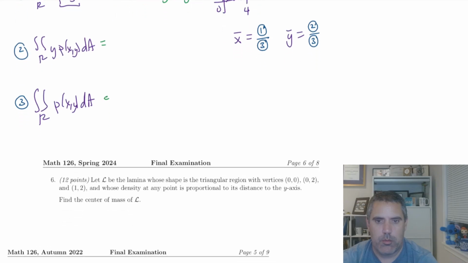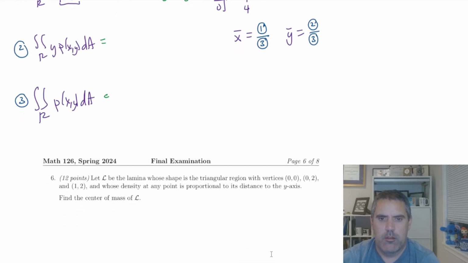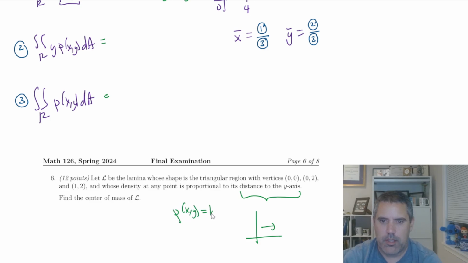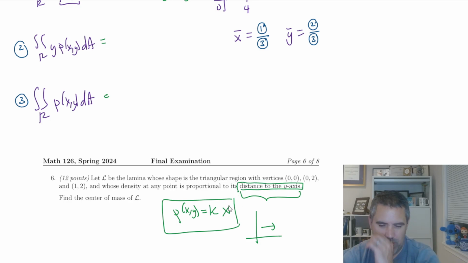Here's another one from an old test. Proportional to the distance from the y-axis, so that's this way, so that's the density of k times x. So I will post on my lecture notes the 3 different translation things, which I've already discussed in this video here. But then you draw the region, you set up the integrals.